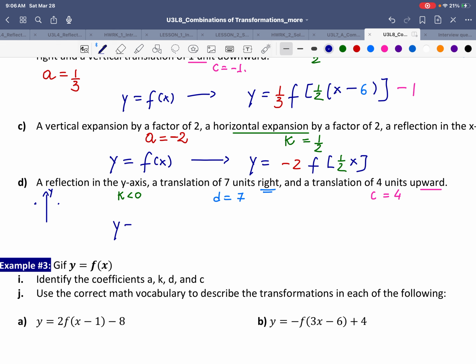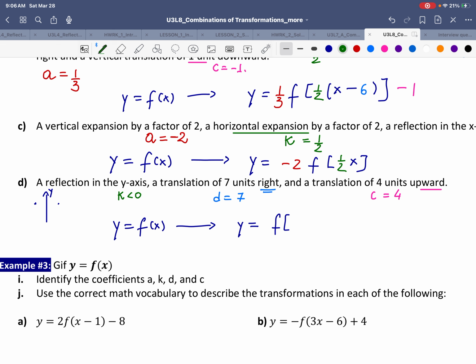So the equation would be y equals f of x, which is the parent function, transformed to y equals, now we are not given any information about coefficient a, which means that nothing has changed, which means that coefficient a is 1 and we don't have to write 1. So we're going to write f, and then coefficient k is negative.